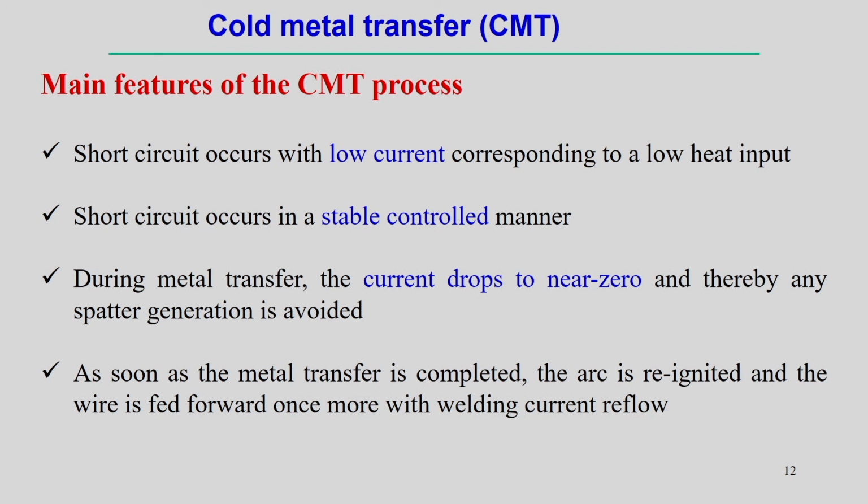When the metal transfer happens, the current drops to near 0 because the wire is retracting back, which breaks the arc at this point. Therefore the current becomes almost 0, and since the metal transfer happens at a very low or almost 0 current, we can avoid the possibility of spatter formation during this metal transfer.